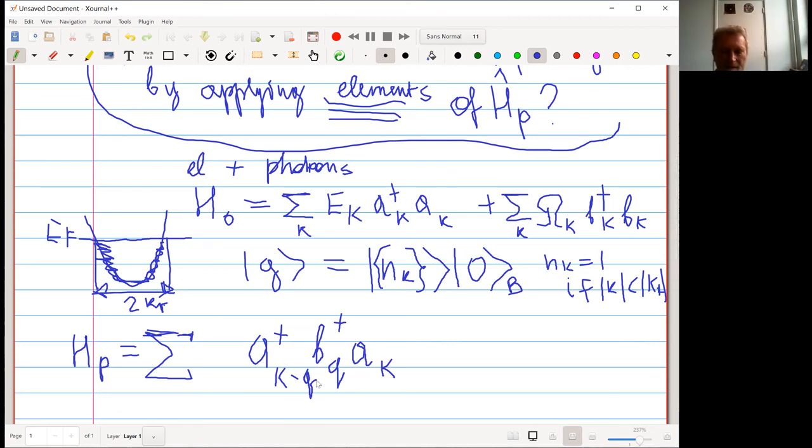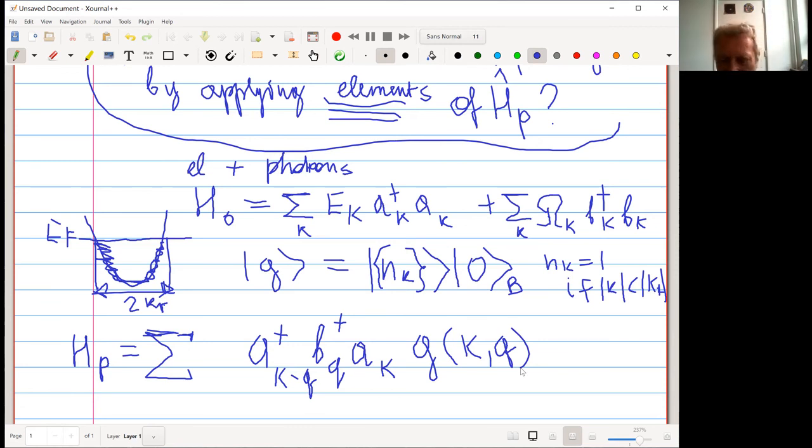All these terms come with different coefficients, coupling constants. This is just a number. It depends on k and q. Both k and q can be vectors. I just spare time by not writing arrows.